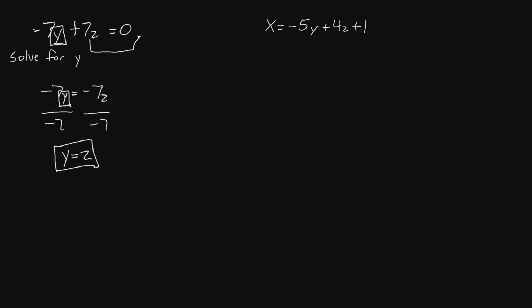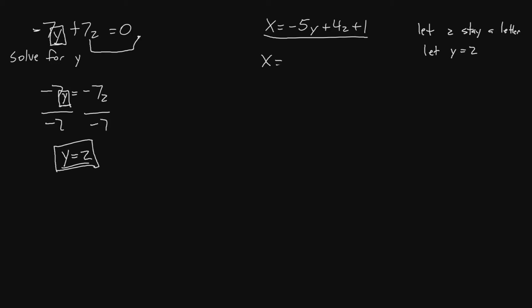So now, once we know this, we can move to our other equation here on the right. We're going to let z stay as a letter, and also let y equal z because that's what we just found.